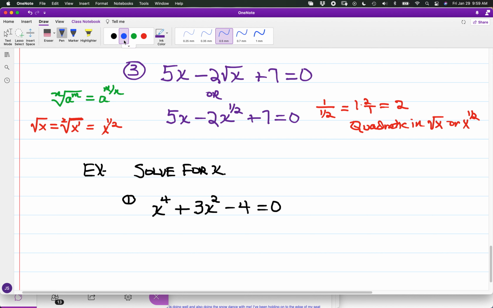And just emphasizing the highest degree in x, in this case you have 4.